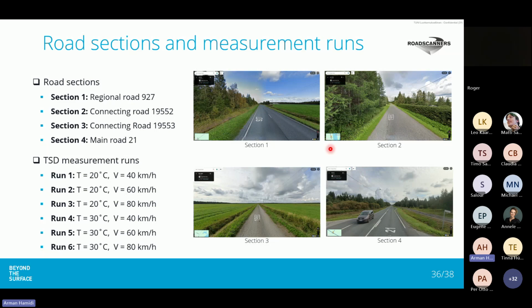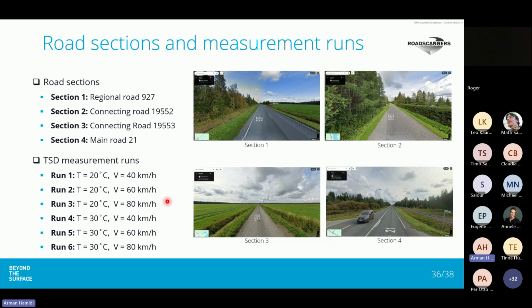Roads 927, 19552, 19553, and Road 21, which represent 3 main road categories in the Finnish road network, were considered, and 6 measurement runs at 20 and 30 degrees centigrade and 40, 60, and 80 kilometers per hour were conducted.